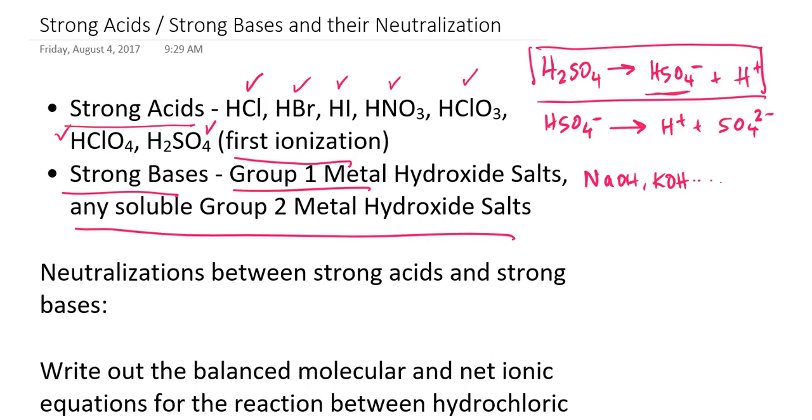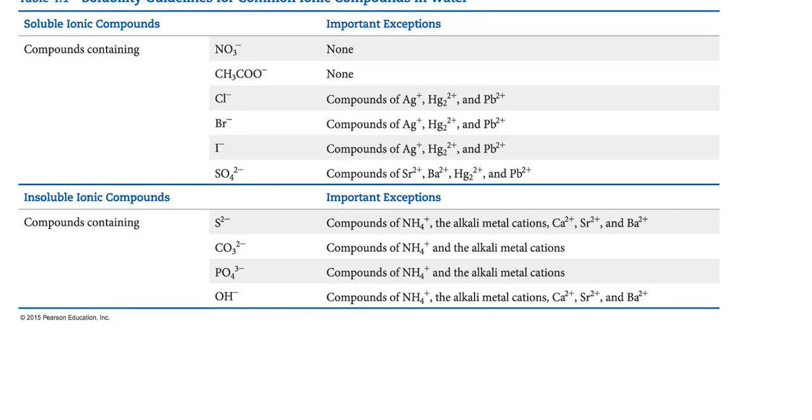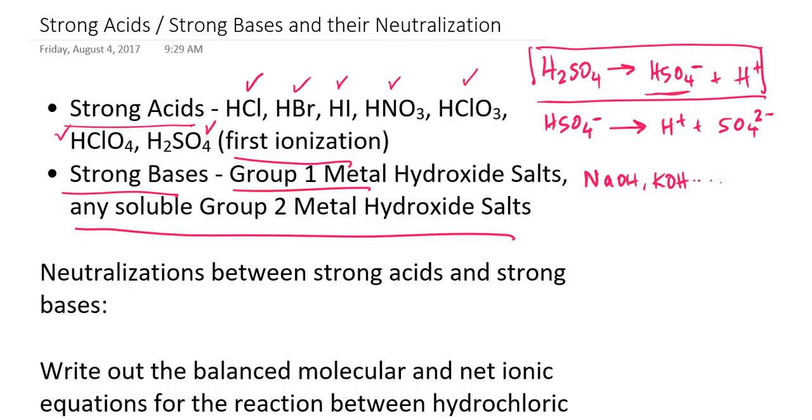And so if you think back to the solubility rules, basically the soluble group 2 metal cation salts would involve calcium, strontium, and barium, but not magnesium. And so these salts, so that would be barium hydroxide and strontium hydroxide and calcium hydroxide, would also be considered strong bases.